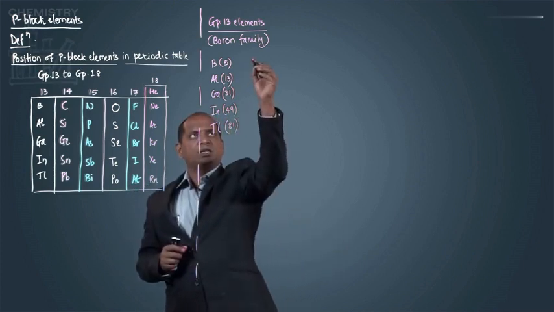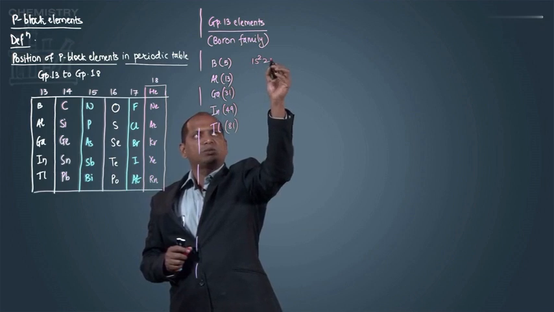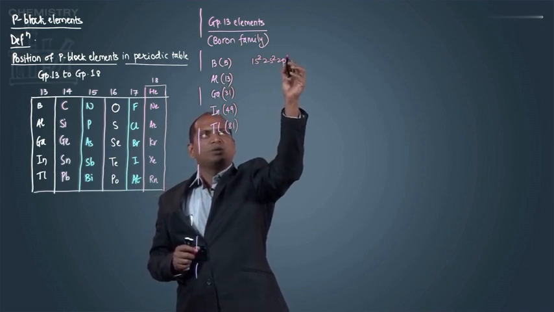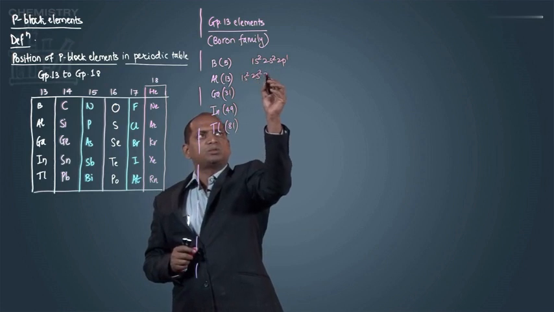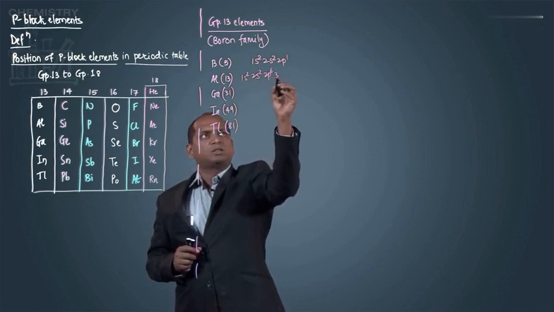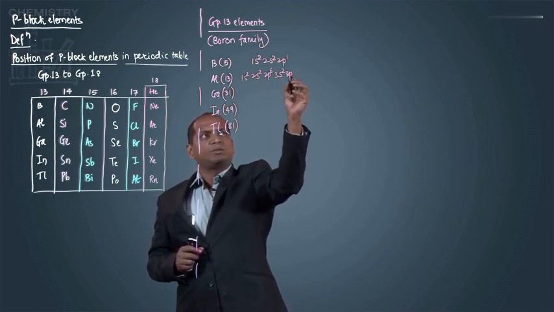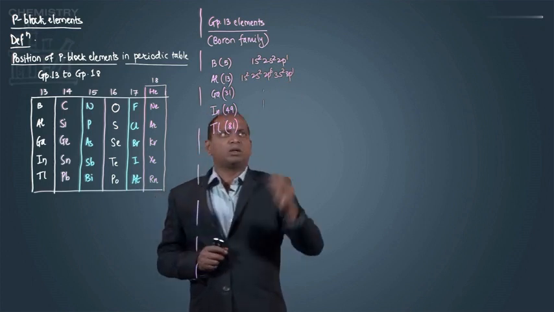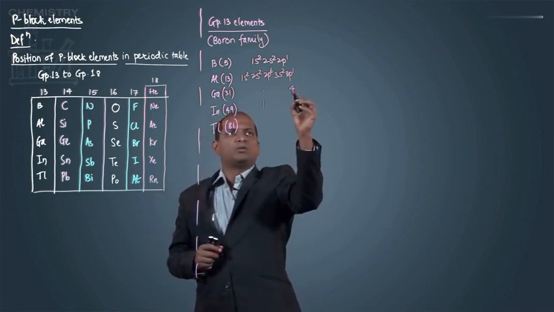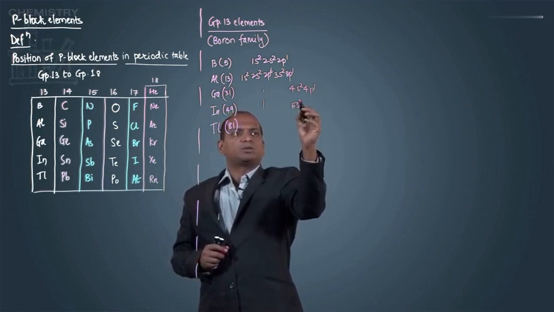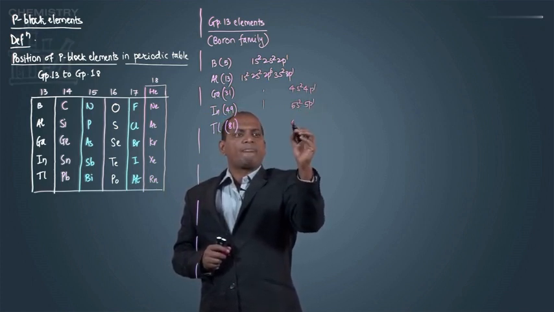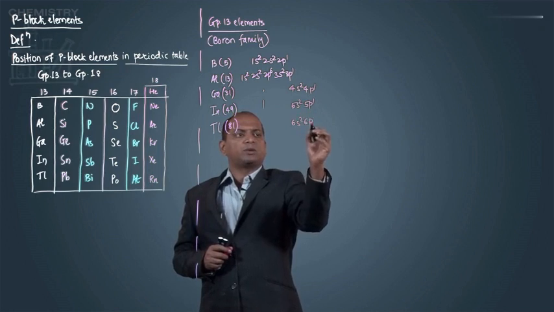So if I consider the electronic configuration, 1s2, 2s2, 2p1, then 1s2, 2s2, 2p6, 3s2, 3p1, and if you go on writing, so on, here we have 4s2, 4p1, 5s2, 5p1, 6s2, 6p1.